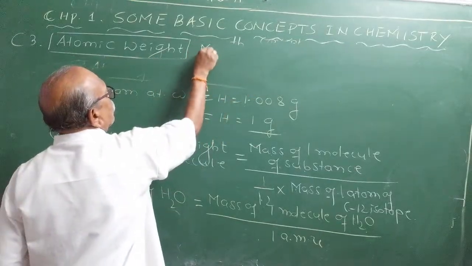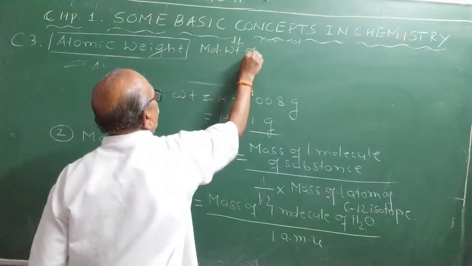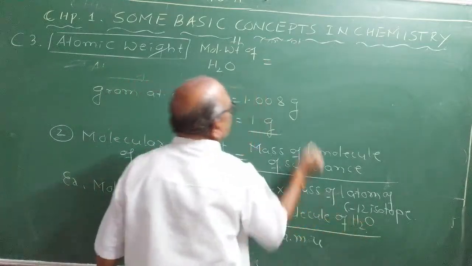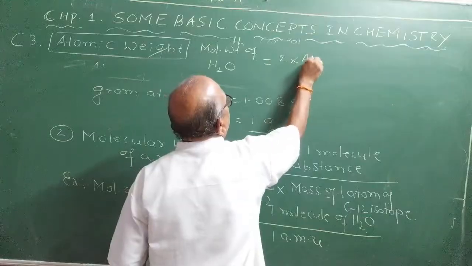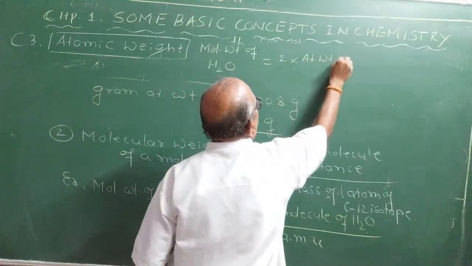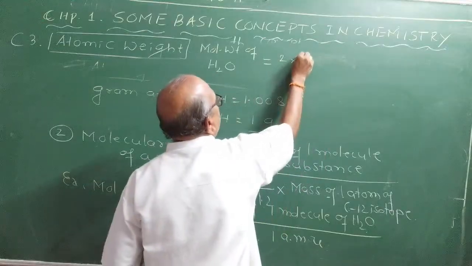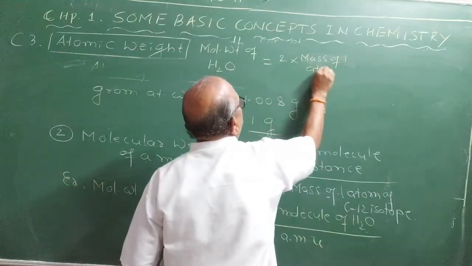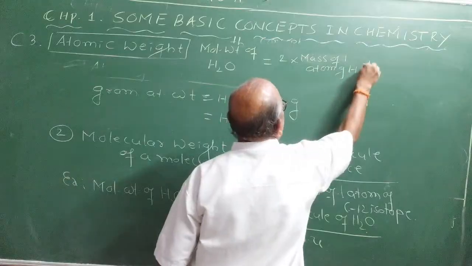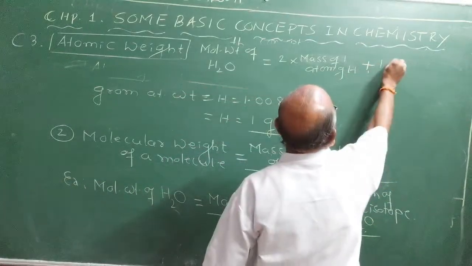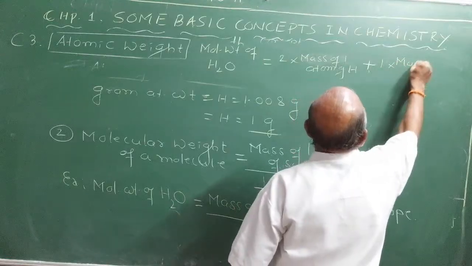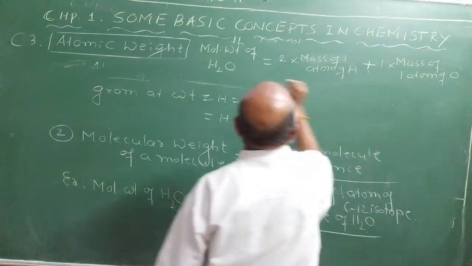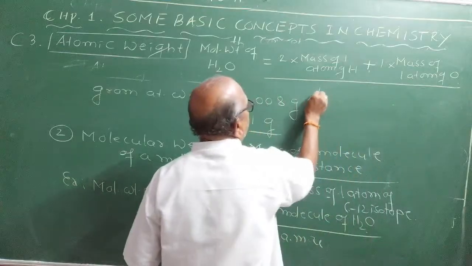The molecular weight of water is 2 times the mass of 1 atom of hydrogen plus 1 times the mass of 1 atom of oxygen, the whole divided by 1 AMU.